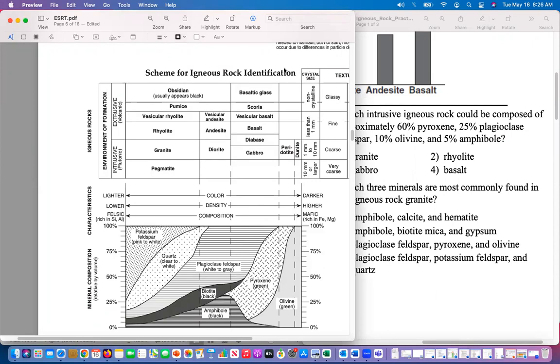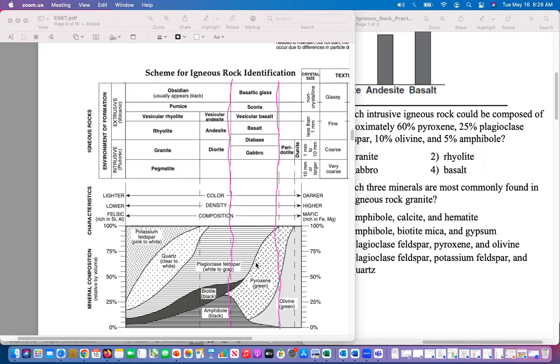Just the fact that I'm looking at something with pyroxene where it's more than half, it shows me that it only has to be within this column right here. So it has to be a rock within this column right here. Why is that the case?